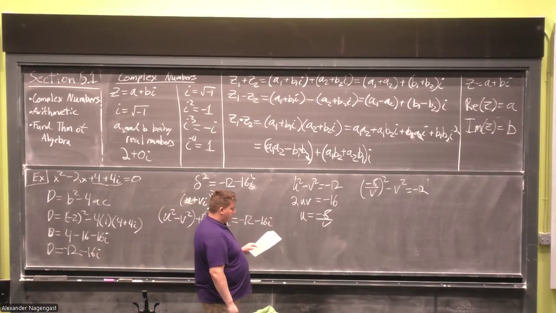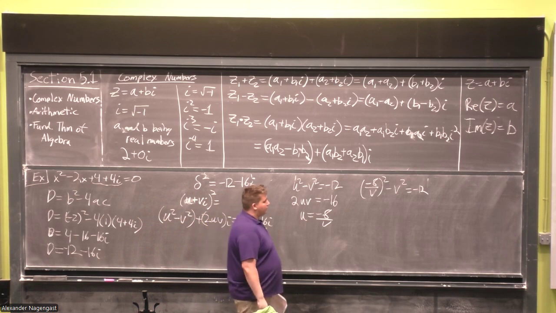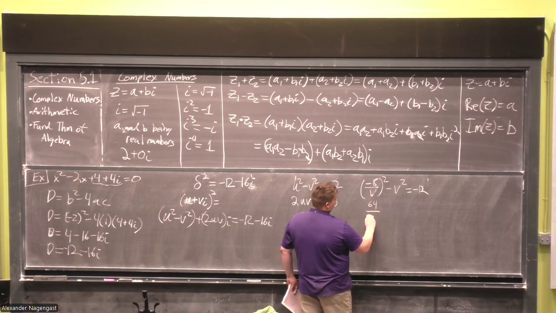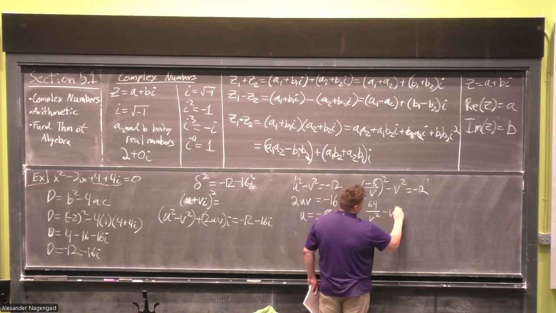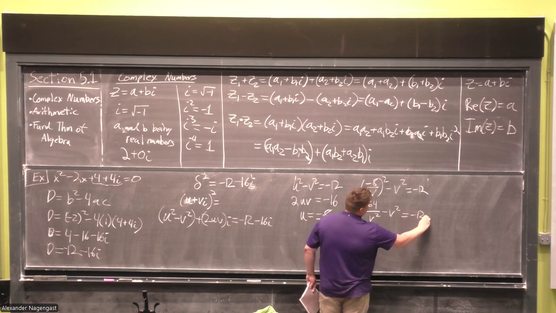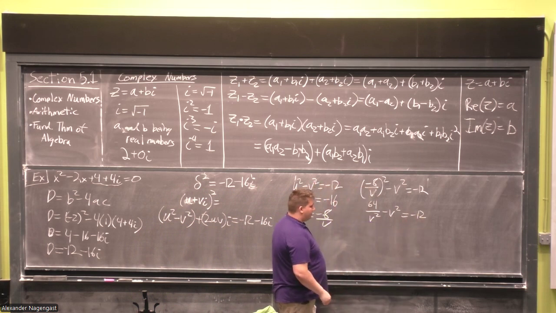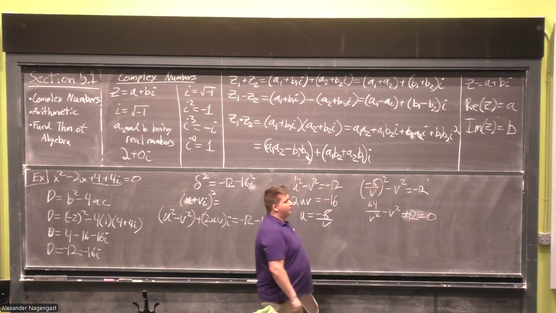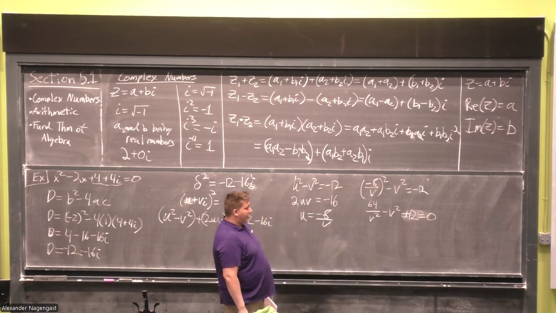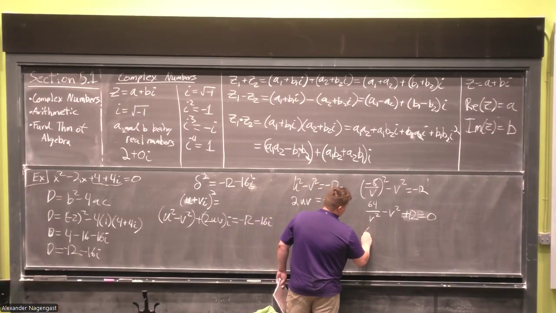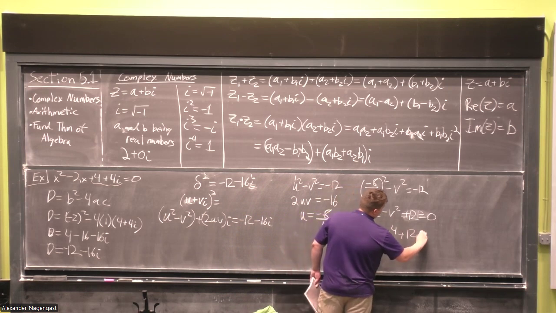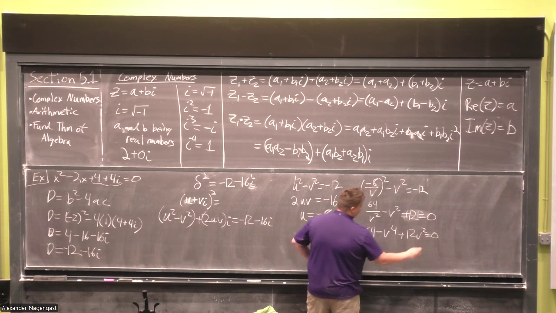So solving for v, we'll have 64 over v squared minus v squared is equal to negative 12. Let's take 12, put it to the other side. So we're going to get positive 12 and put 0. Let's times by v squared. So we get 64 minus v to the fourth plus 12v squared is equal to 0.